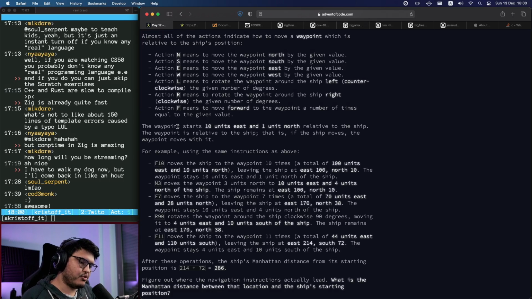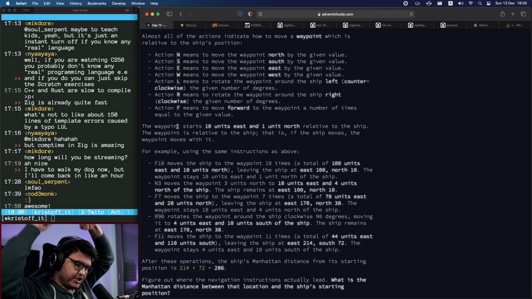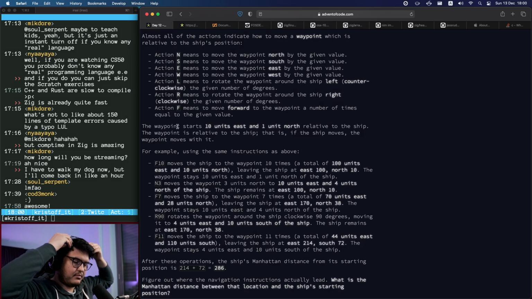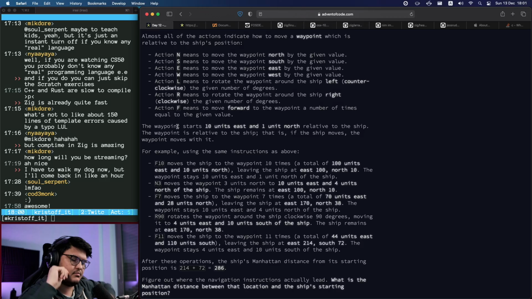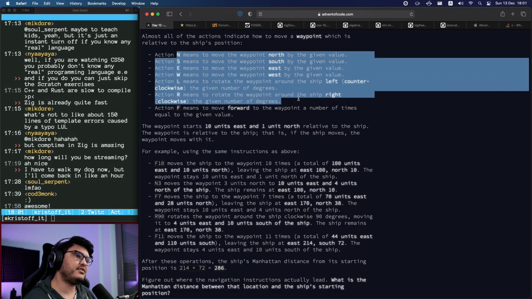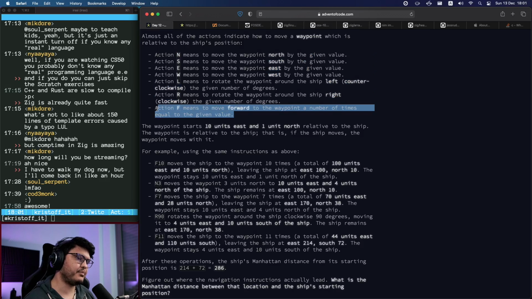We're not moving the ship anymore. We are moving the vector, and now forward is a special action. It's the only one that doesn't move the waypoint. It doesn't change the vector, but it actually moves the ship. So we are basically using all these instructions to move this waypoint thing, and only F moves the ship now.